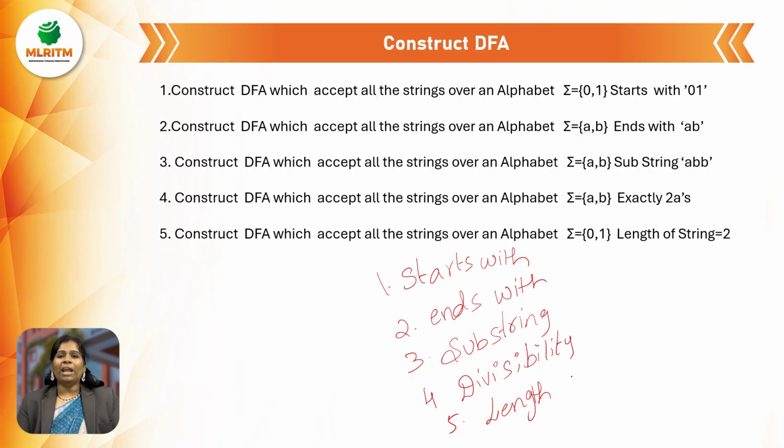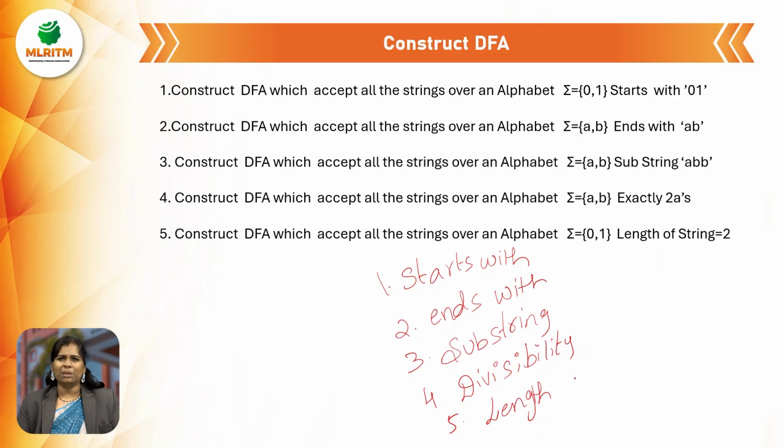We have some rules for DFA. The DFA should have an initial state and a final state. The initial state should always be recognized with an arrow mark at the starting, and the double circle refers to the final state. That is the first rule. The second rule is that every state should use both input symbols.